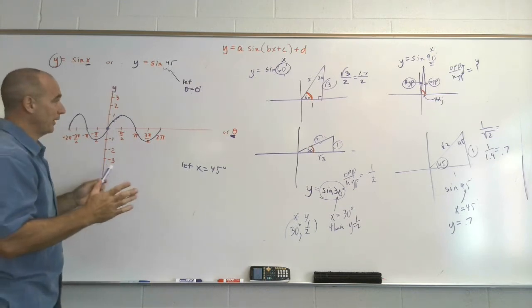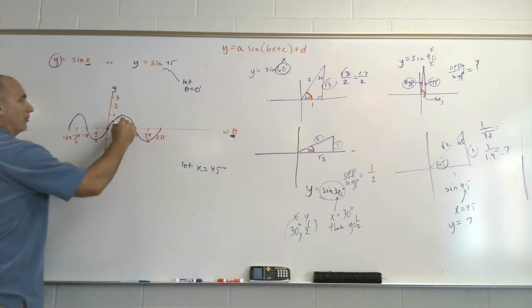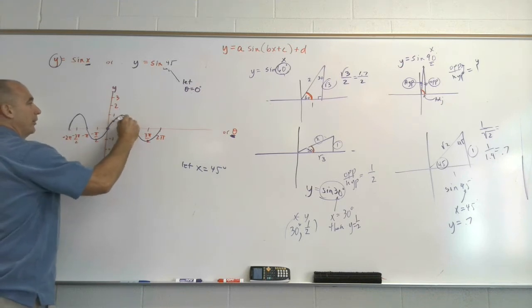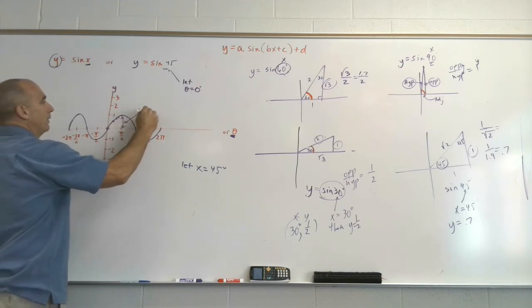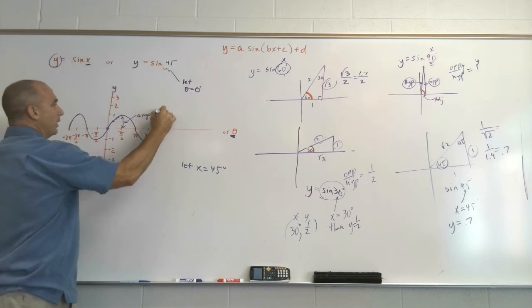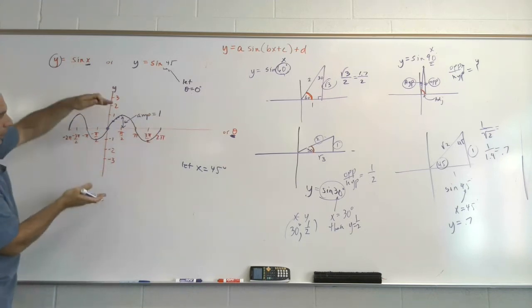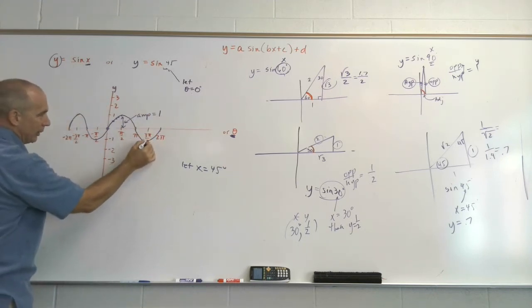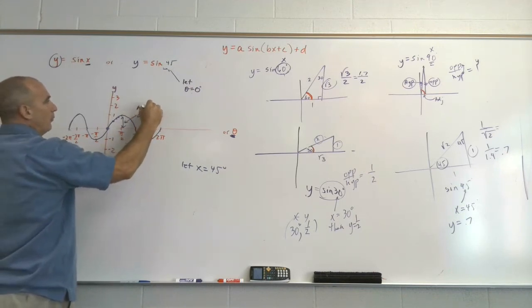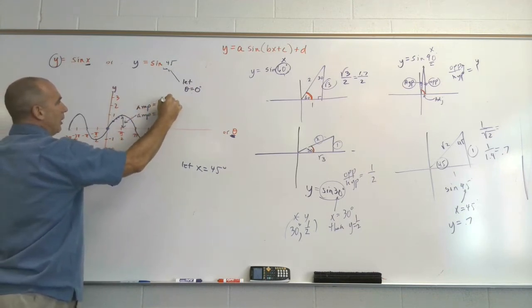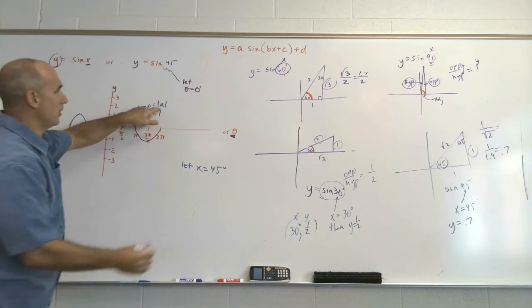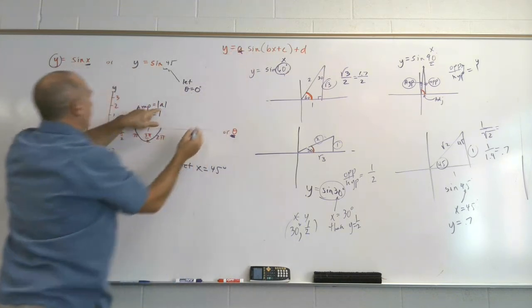Now I'm going to break some things down that you need to know. First of all, this is considered the graph's amplitude, and it's 1, okay? Now you could also find it right here. Now the amplitude's formula is the absolute value of A. Where does A come from? Right here. Well, look at it.